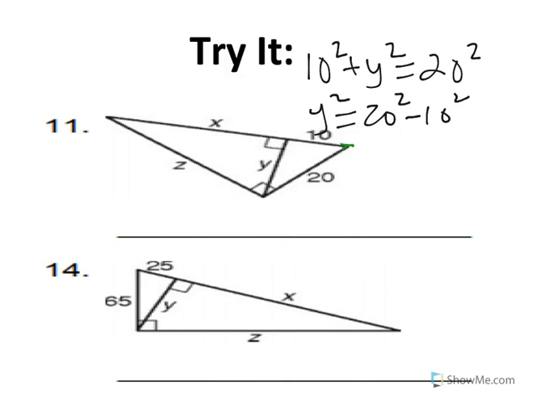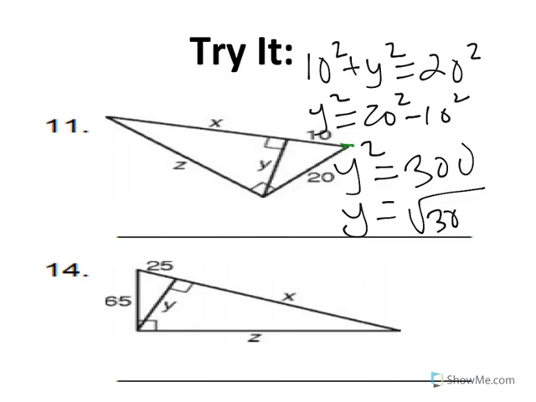So this gives us y squared equal to 300. So reduce that by taking the square root. So this becomes 10 radical 3. Okay, so we know that y is 10 radical 3.